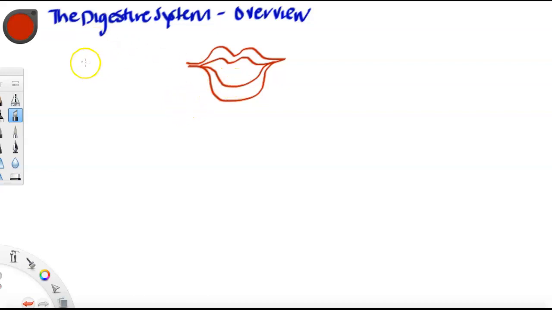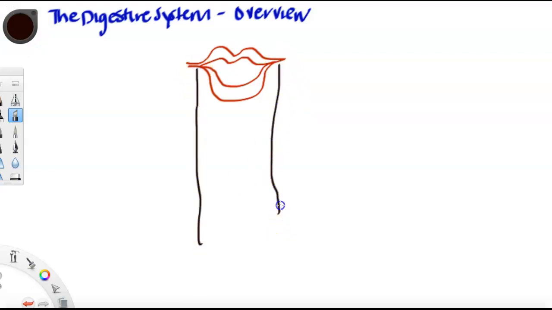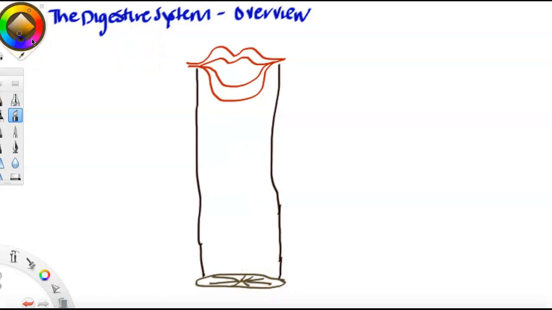Okay, so this tube starts at the mouth and it goes all the way down to the little exit door. Okay, so food comes in the mouth and it leaves out the exit route, which is the rectum and the anus.